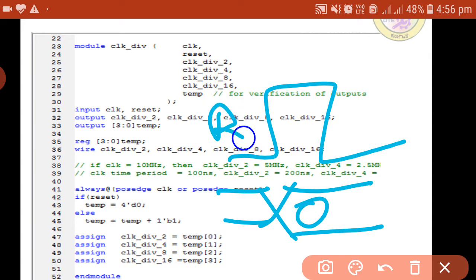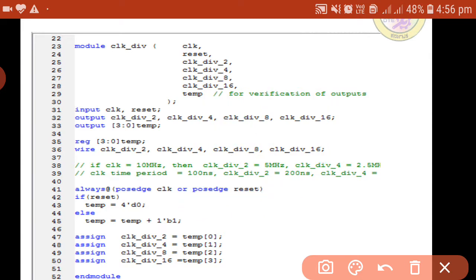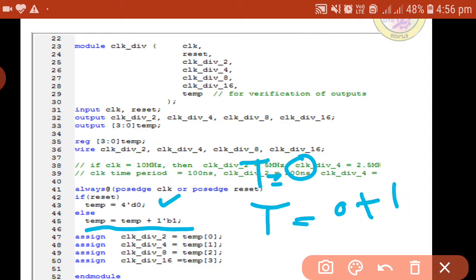0. So if reset is high, temp equals 0, else if reset is low, then temp equals temp plus 1. At the first clock, initially if you give reset, temp equals 0; at the next clock temp equals 0 plus 1, so it becomes 1.